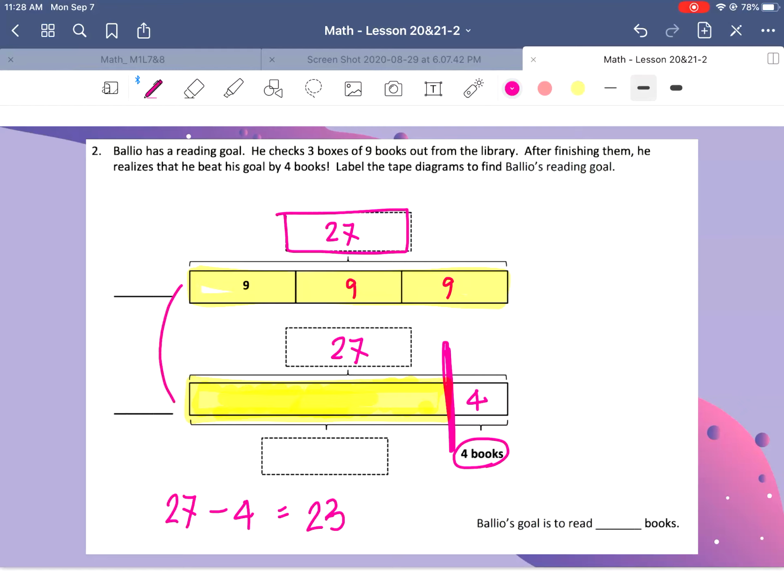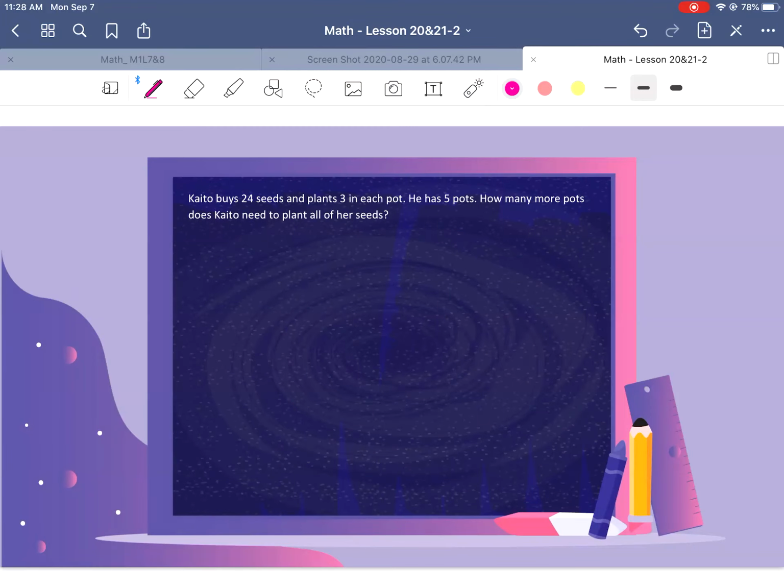So we know that by comparing these 2 boxes, he wanted to read less than what he actually read, his goal. So we're going to figure out what his initial goal was, which is 23. So Leo's goal is to read 23 books, but he was very organized and on task, so he read 4 extra more. So in total, he read 27 books.